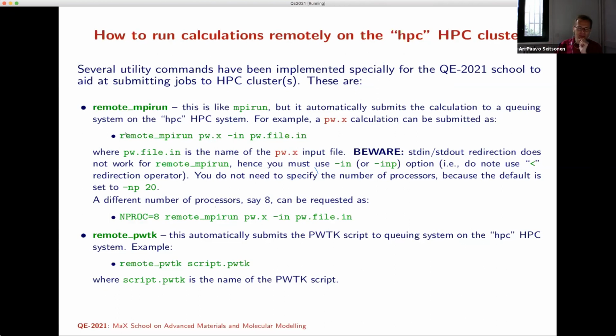The first one is the remote execution of the executables. So here it's PW.X, and this is now for the input using the VC relax, because that's a ready input for the PW.X.